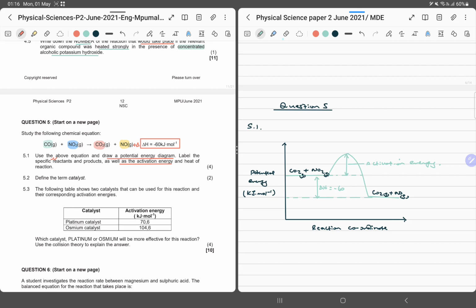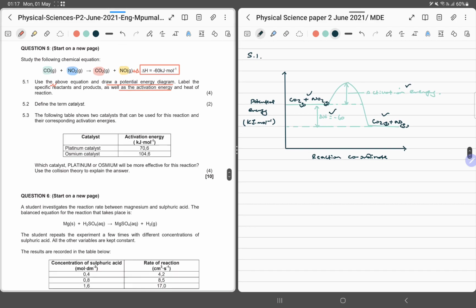Because we don't have values, we'll just keep it like that. So what were we asked? Label the specific reactants and products. Done. As well as the activation energy, we've labeled it, and the heat of the reaction, we've labeled it. So we have our 4 marks in the bag. Okay, so that is good.